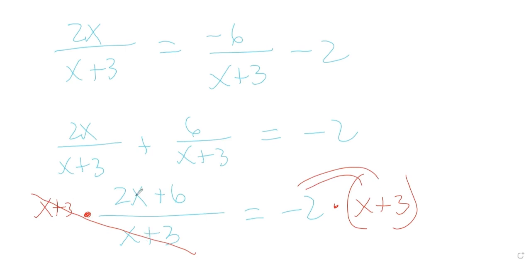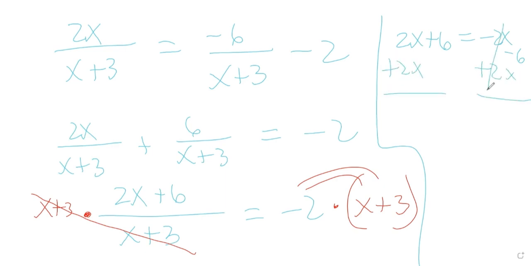So on the left, these cancel, and we're left with 2x plus 6. And if you distribute the negative 2, we have negative 2x minus 6. How about we add the 2x to the other side? So let me add 2x to the left and to the right. So these are gone, and we'd be left with 4x plus 6 equals negative 6.